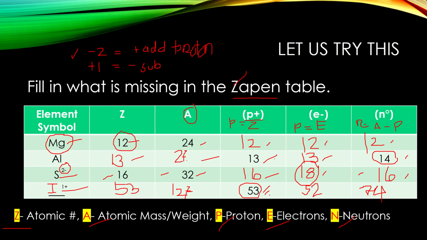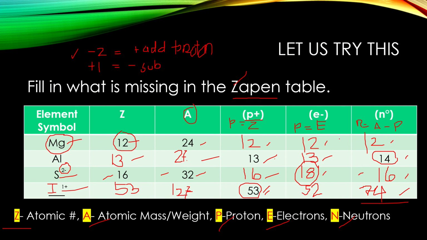Now, how can you get the neutron? Again, we have the formula: atomic mass 127 minus proton 53. Again, you need to subtract the proton from the atomic mass. So you will have the result of 74.